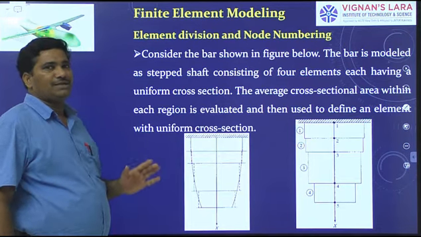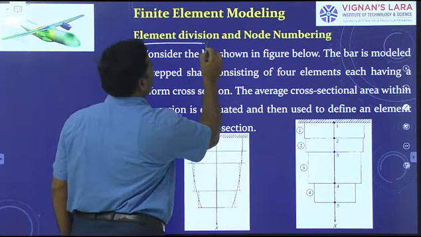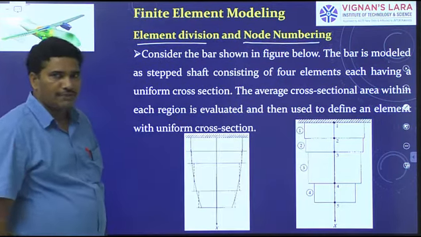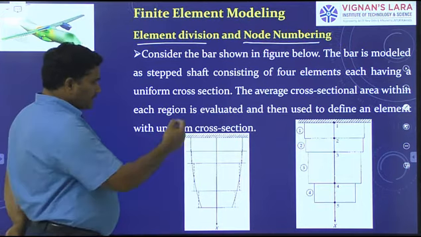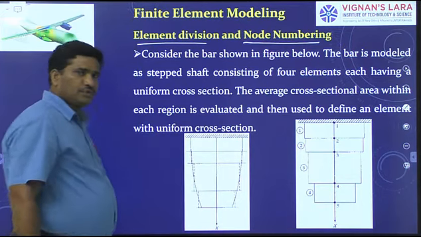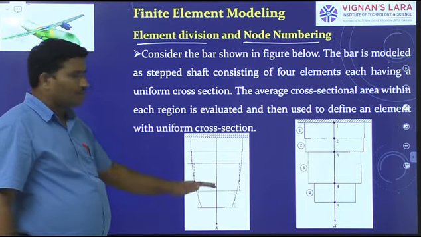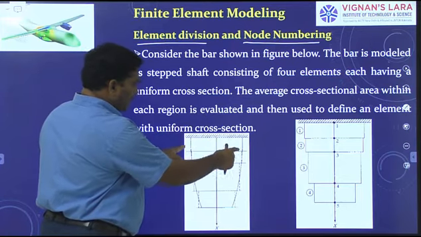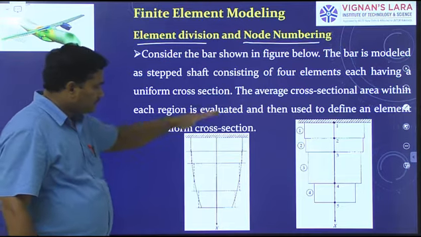Hence, element division is very, very important along with node numbering. Okay. We take an example here. This is a bar of varying cross section. It is not a bar of uniform cross section. Observe carefully. The cross section of the bar is varying with respect to length.